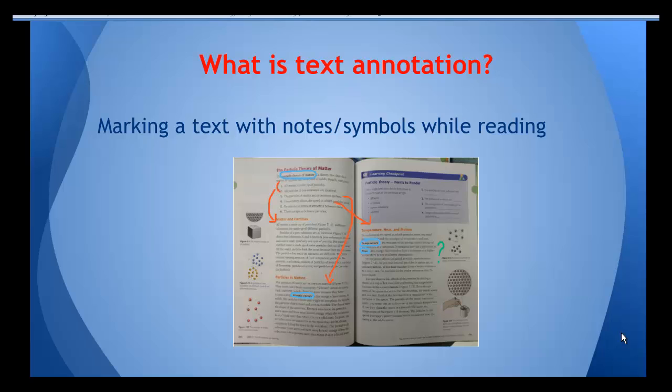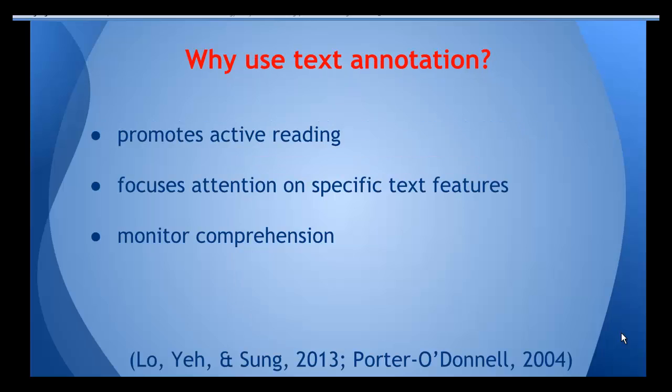So why focus on this strategy, and why might you consider integrating it into your classroom? Well, annotation has been found to promote active reading and help readers visualize and monitor their comprehension as they read. The development of advanced literacy skills has been identified by Murnane, Sawhill, and Snow, 2012, as a necessity for success in the 21st century.